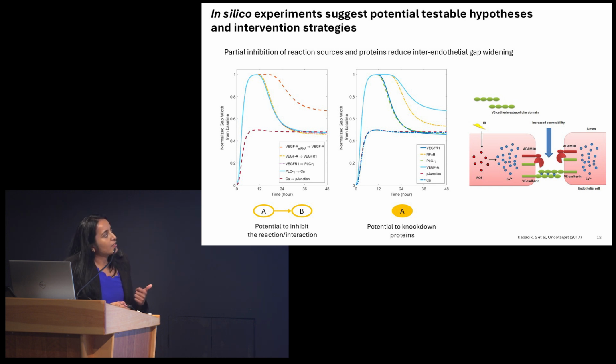The model simulated reversing this increased gap width when each of these reactions and proteins were inhibited. Mostly we observed that VEGF-mediated activation of VEGF receptor 1, as well as downstream activation of the pathway by PLC gamma, was responsible for controlling this gap width between two or more endothelial cells.